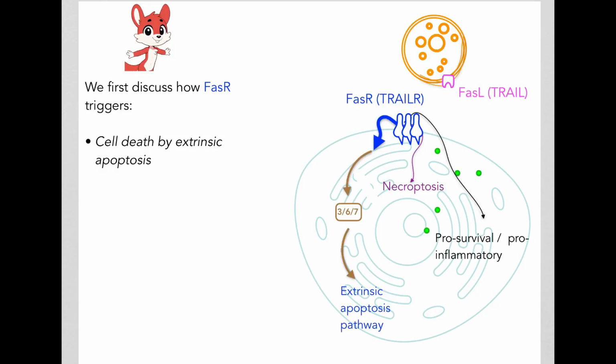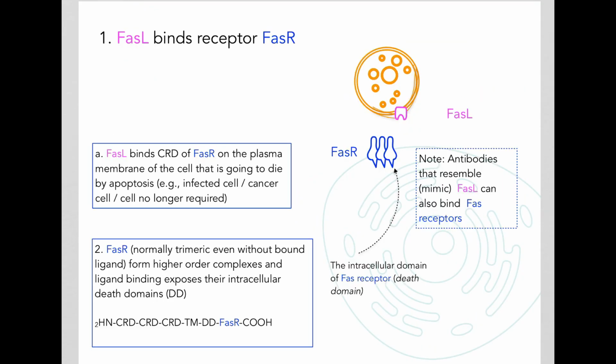Let's first discuss how the Fas-R triggers cell death by extrinsic apoptosis. So we'll look at this part first, and then we'll talk about the remaining two, necroptosis and the pro-survival program. As before, the first step is the ligand binding to the receptor.